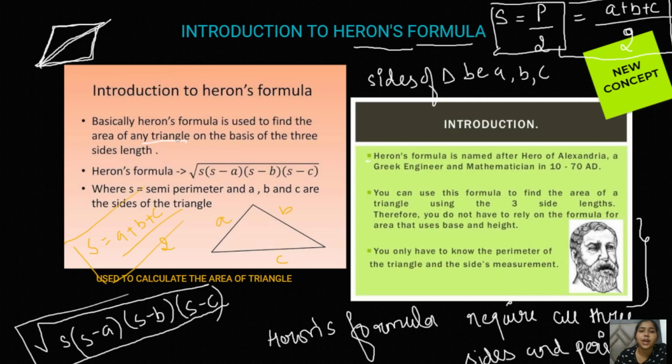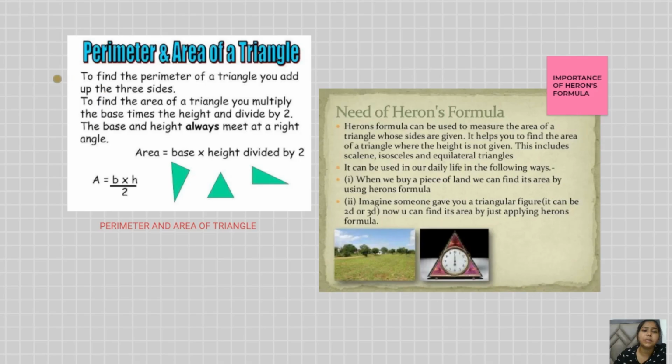Right, so what is the perimeter and area of the triangle? You know what an area is? Area is basically the area covered. Like this is the triangle, the shaded region of the triangle will be the area.